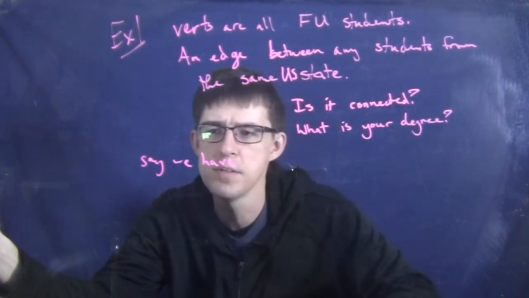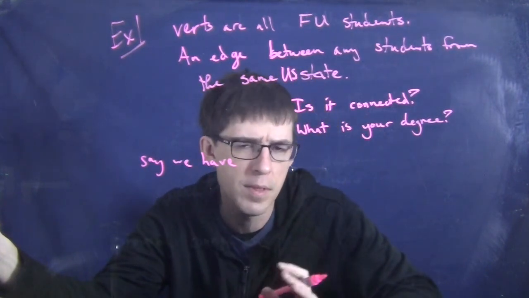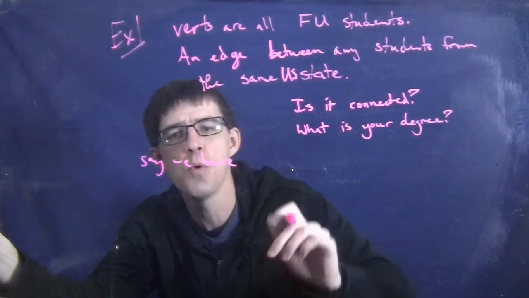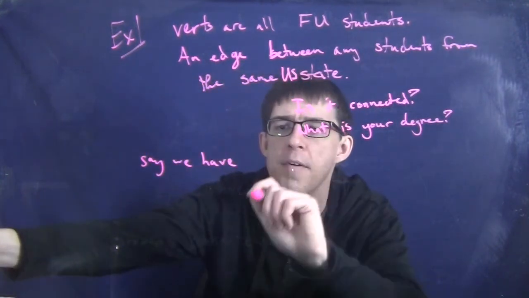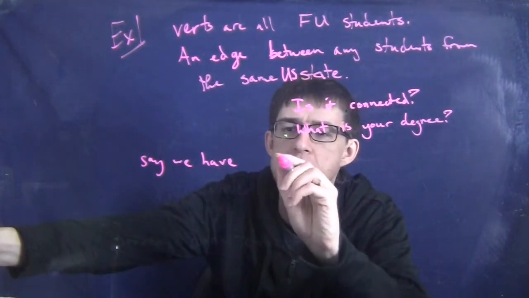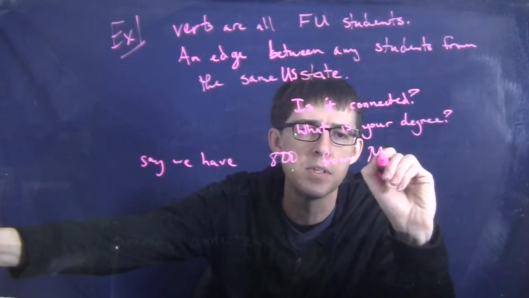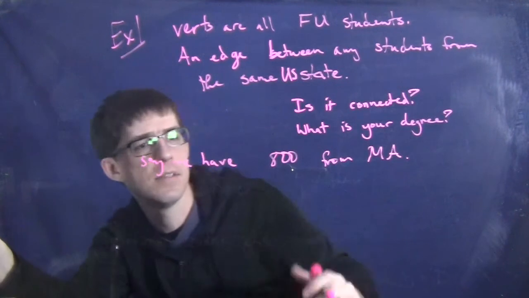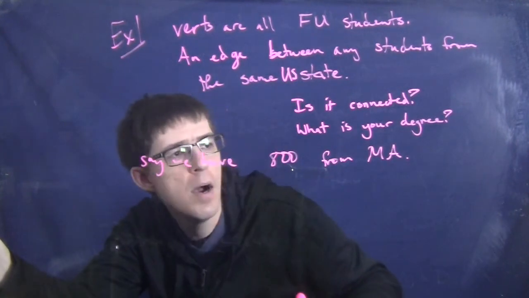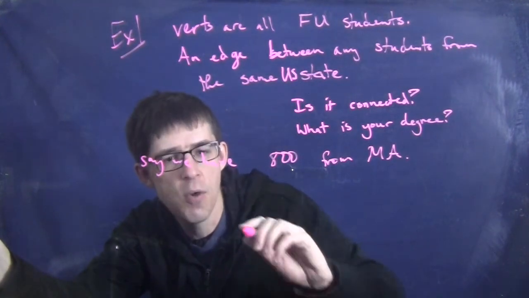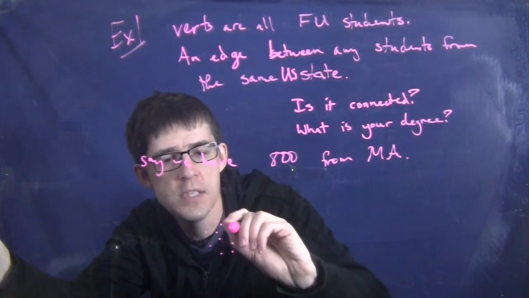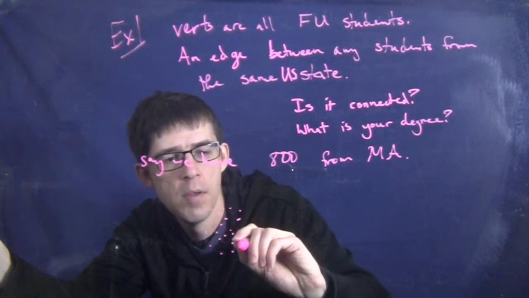Let's just focus on undergrads. I don't know, I just work here. Out of those 4,000, let's say 800 of them are from Massachusetts. I don't know how accurate that is. It's approximately accurate.